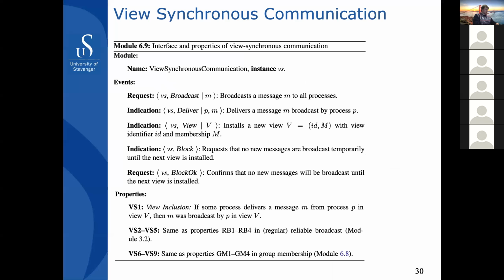So the algorithm, or well, the module description here, and now you see that we are beginning to have more of these involved algorithms, because now we have 3 indication events and 2 request events.